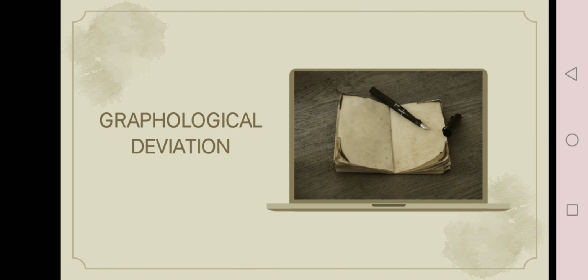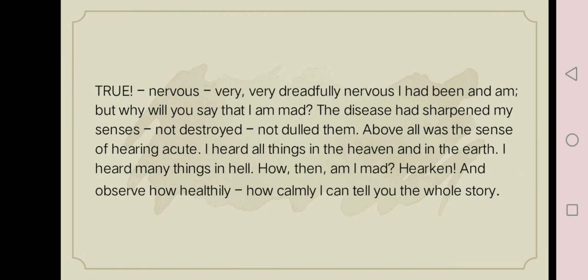the minds of readers. Now let us all talk about the graphological deviation of The Tell-Tale Heart by Edgar Allan Poe. In the story, the example of graphological deviation is the part where the narrator said, "True, nervous, very, very dreadfully nervous. I had been and am.